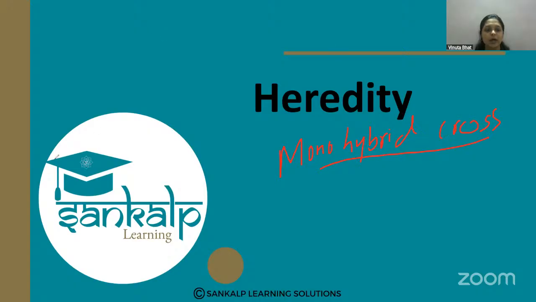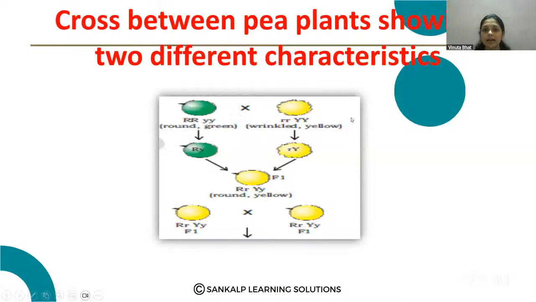In a monohybrid cross, a single character of the pea plant, only the height of the plant, is crossed. So in monohybrid cross, a single contrasting character is taken for the experiment.